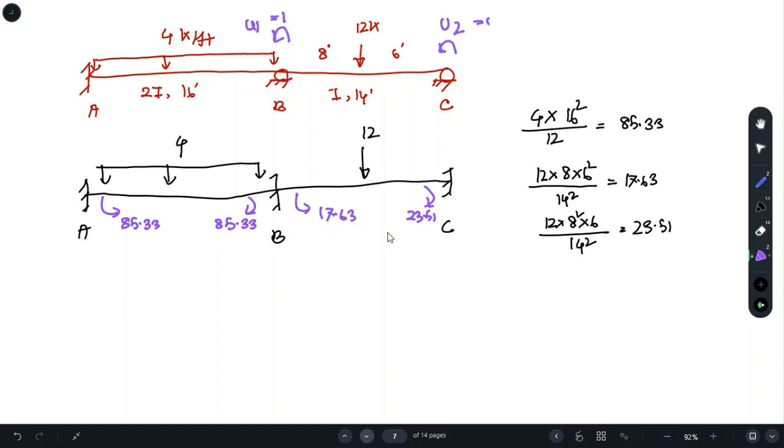Let's go to the next page. Here is our frame, and here are our supports. At point B, if we apply the doki anti-clockwise, it will be something like that, and the shape will be something like this.